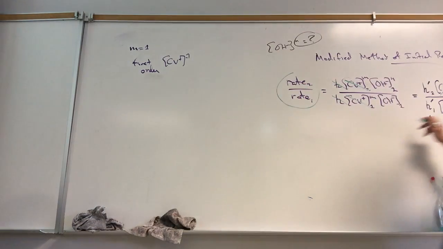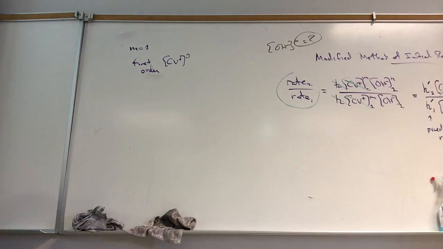What we need is the k primes, and let me talk about where we're going to get the k primes from. But let's simplify this further. This simplifies into the hydroxide in run 2 to the n over the hydroxide in run 1 to the n is equal to k2 prime over k1 prime.